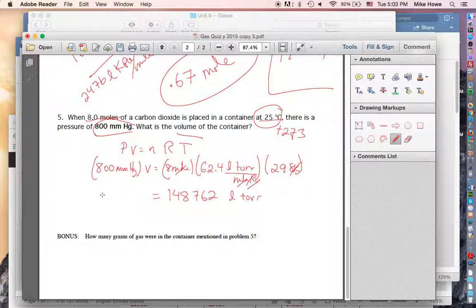On this side I got 800. Do I have a variable? I don't, it was on the other side. On this side, I got 800 millimeters of mercury. Do you remember that millimeters of mercury and torr are the same thing? So I just put 800 torr. Now we need to simplify this equation by getting the V by itself. To do that, I need to get rid of the number that's with the V. So what do I divide both sides by? You divide by the number with the V, so it's 800 torr.